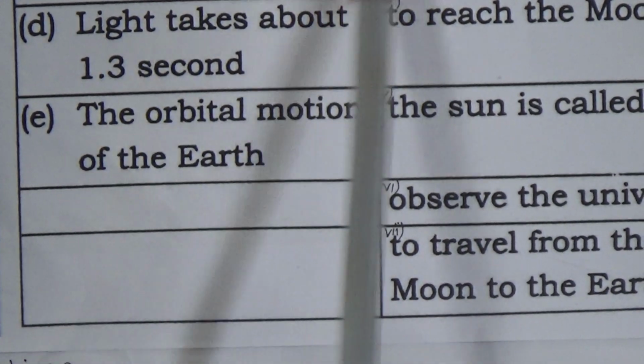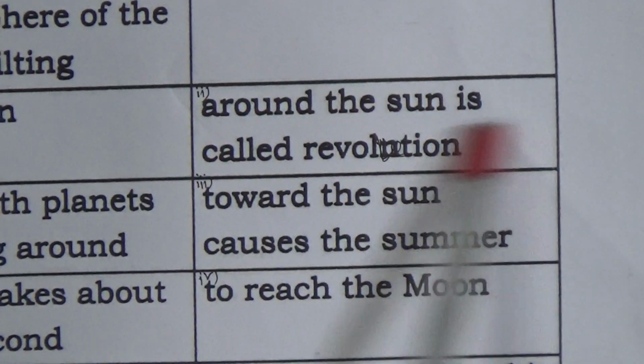Now last one, E, the orbital motion of the earth, that will be matched with 2, around the sun is called revolution. Sorry, it will be matched with 2.